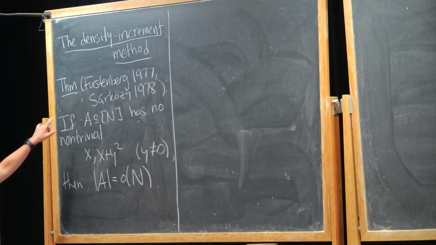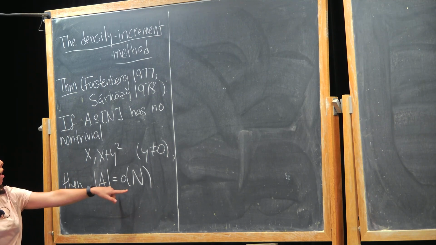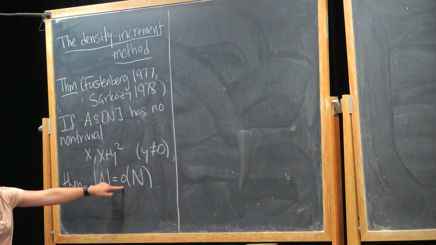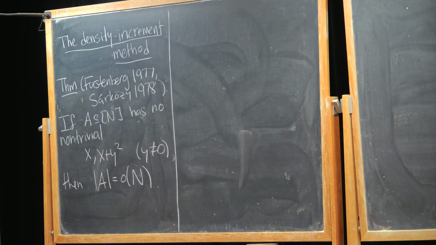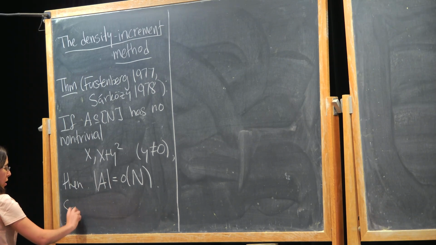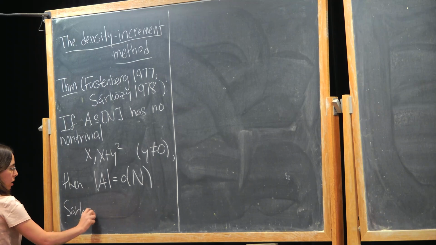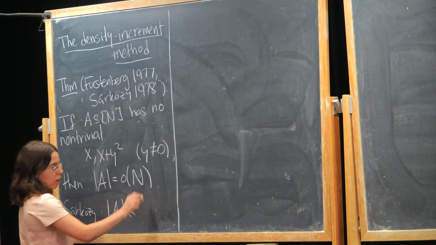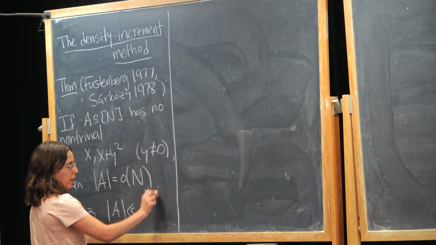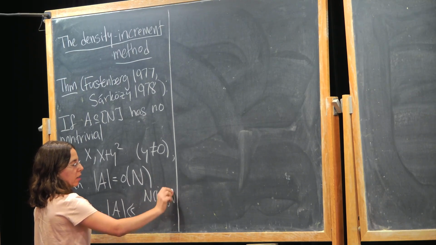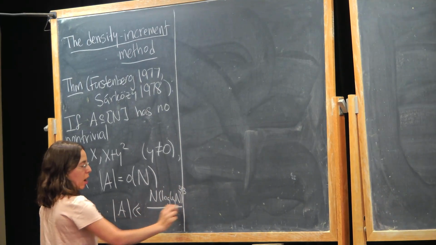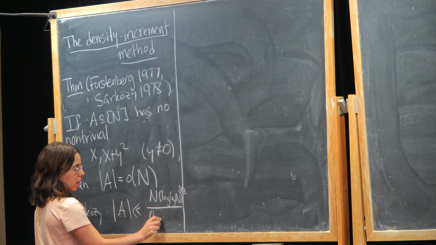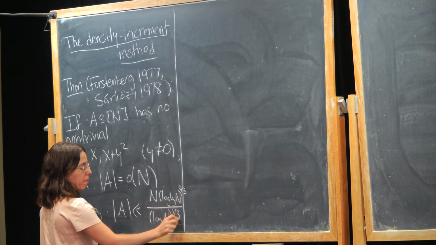Furstenberg's proof gave no effective bounds in this theorem, but Sárközy's proof lets you save a power of log. So Sárközy proved a bound of like A is at most n times (log n)^(2/3) divided by (log n)^(1/3).